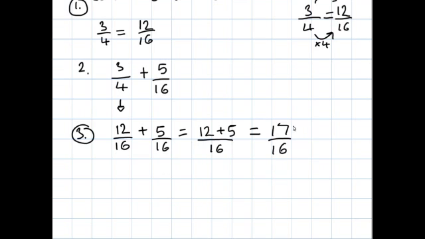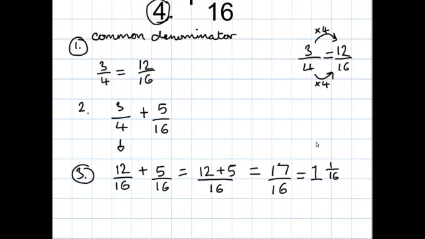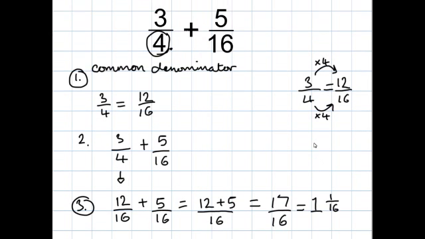This is an improper fraction where the numerator is larger than the denominator. Now, we could simplify that to a mixed number, which would be 1 whole and 1/16. Okay, so if we wanted to know how many boxes were blue in this calculation, it would be 1 whole box and then 1/16.